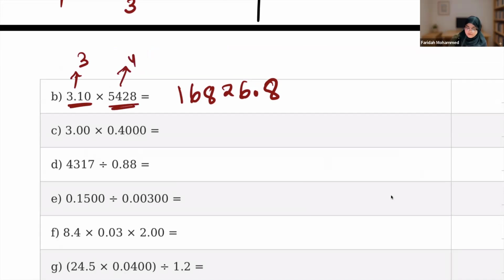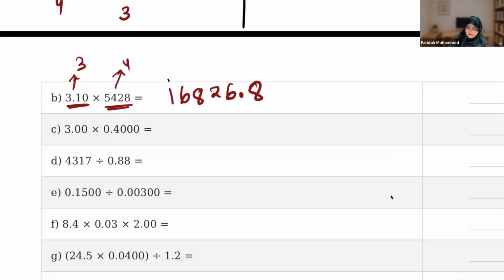So you want to round it off to 3 significant figures. So how do your 3 sig figs start and stop? 1, 2, 3. And then you block it, right? You look at the next number, you see 5 and below. So the 8 stays, 168.